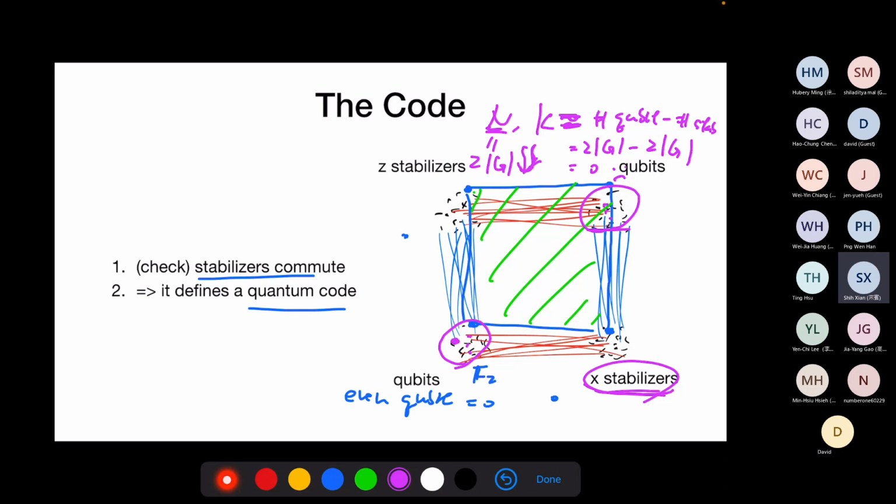Okay, so this blue square you draw, each point is actually many points in the graph.